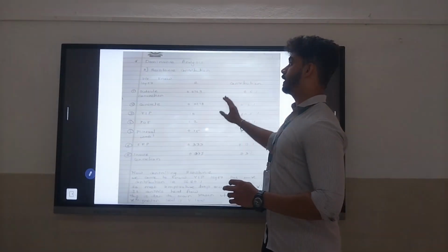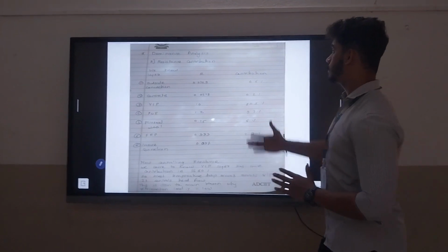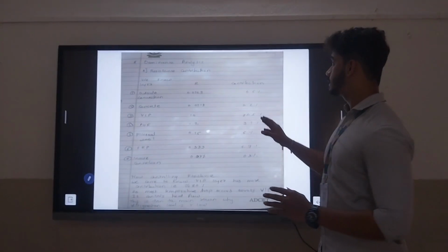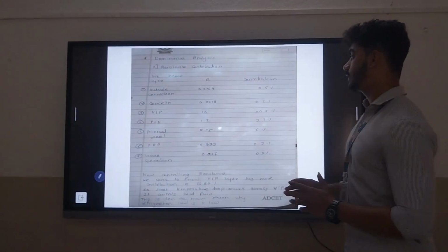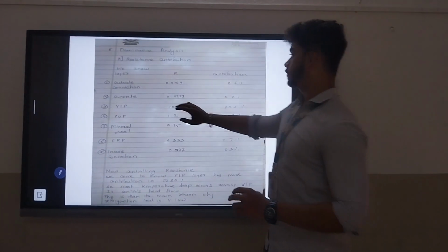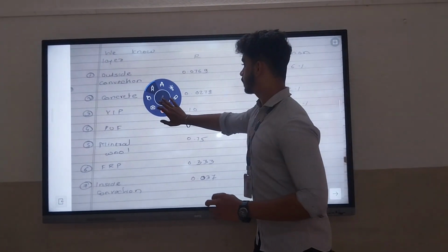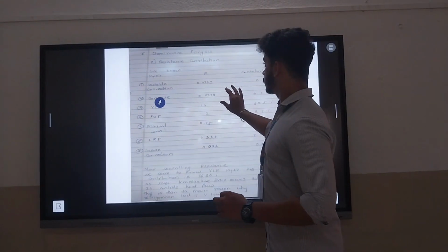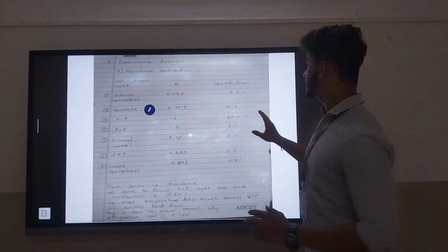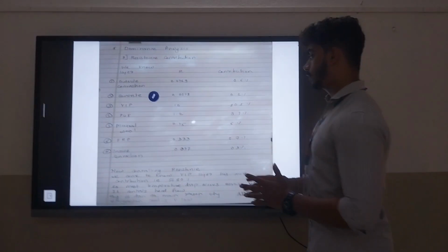So let us analyze the layers through resistance contributions. As we come to know, outside convection has a resistance of 0.076 and contributes 0.6%. Considering all the layers, we come to know that the VIP layer has the highest resistance, with about 80.5% contribution in the total resistance of the wall.